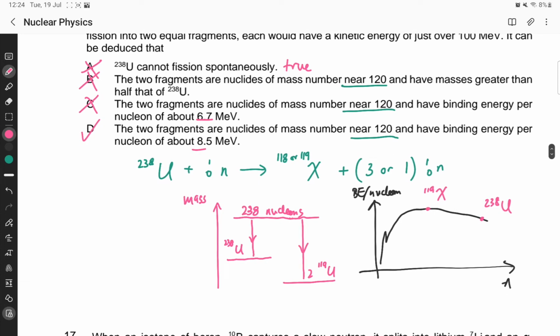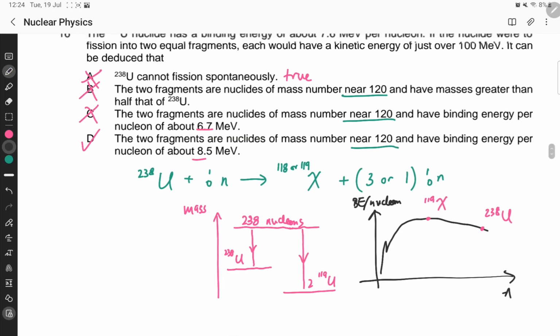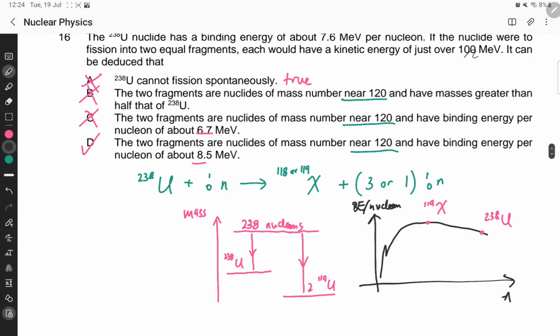In this reaction, the energy release will be 200 MeV. So the delta E equals 200 MeV, and that also equals the 238. Sorry, I should have taken it as 118 or 119.